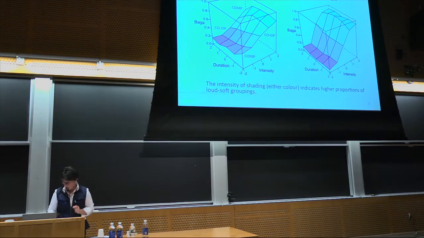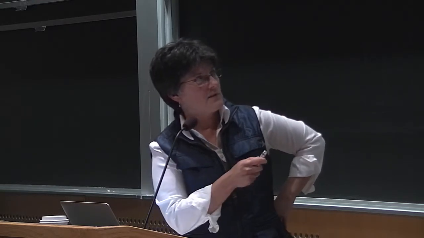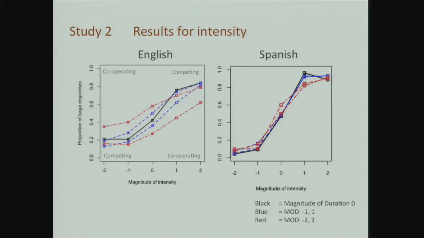So we can take this apart a little bit to show you what this is doing. This is intensity, but we've taken all of the different lines for duration and separated them out. The black lines are the single-parameter strings, only duration, only intensity. The blue lines are one magnitude either way, so either above or below.